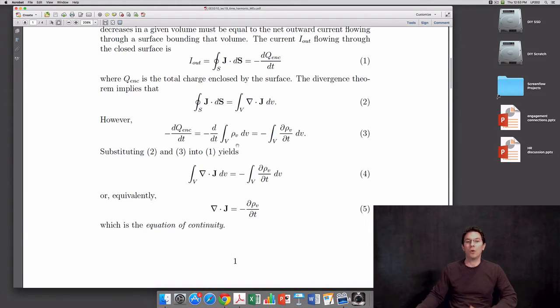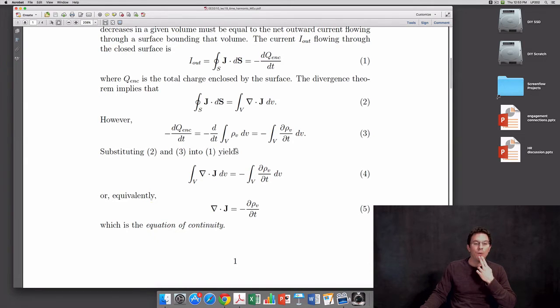So in this expression for Q enclosed, I can substitute in the integral of the volume charge density rho sub v throughout that volume, and that's all that I've done with this first equation.